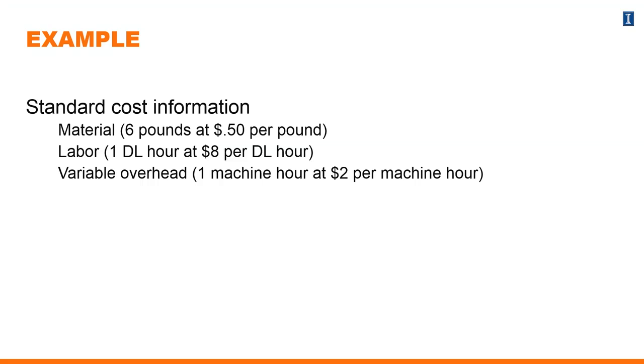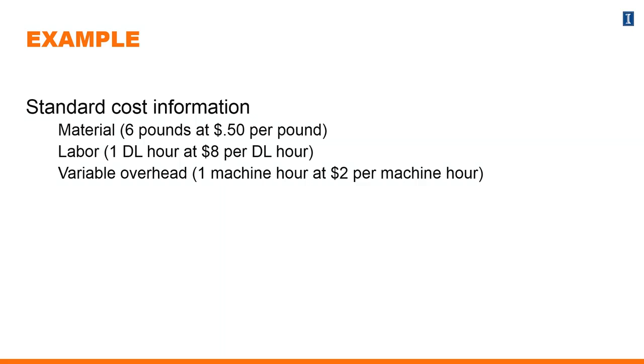That's its standard input. And we are supposed to spend approximately 50 cents per pound. That's our standard price. In terms of labor, we measure this activity in terms of direct labor hours. And each unit that we produce is supposed to take 1 direct labor hour. On average, we pay our employees $8 per each of those direct labor hours.